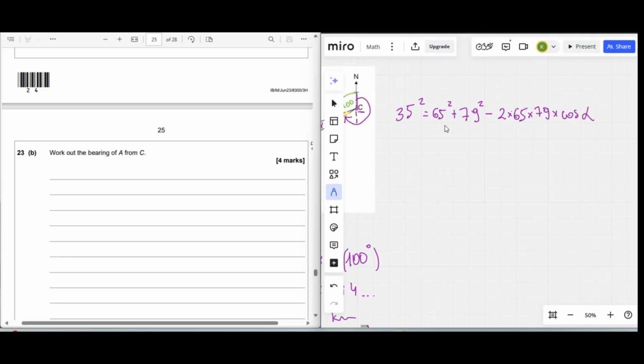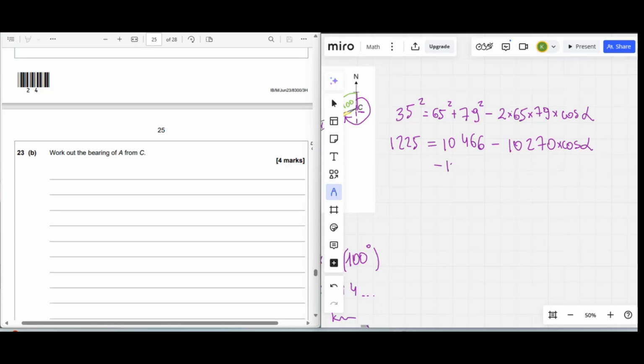35 squared is 1225, equals 65 squared plus 79 squared, which is 10,466, minus 2 times 65 times 79, which is 10,270, times cosine of alpha.